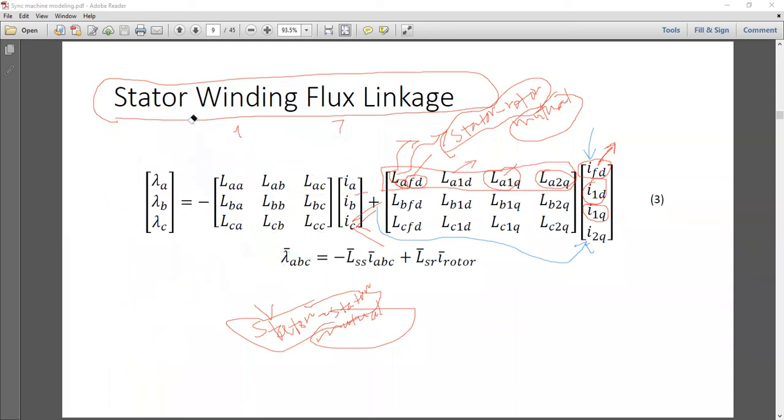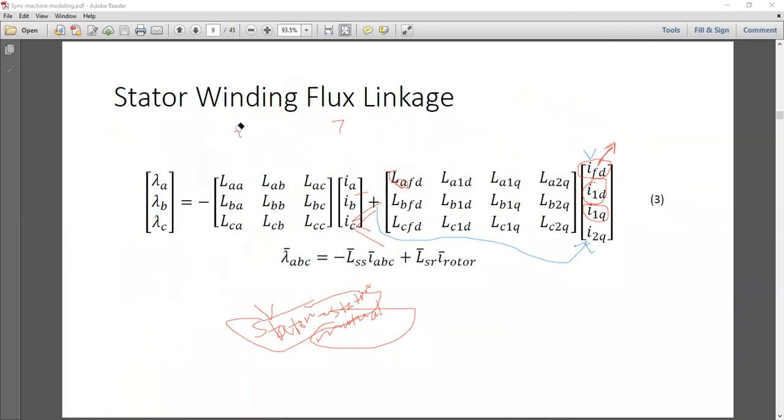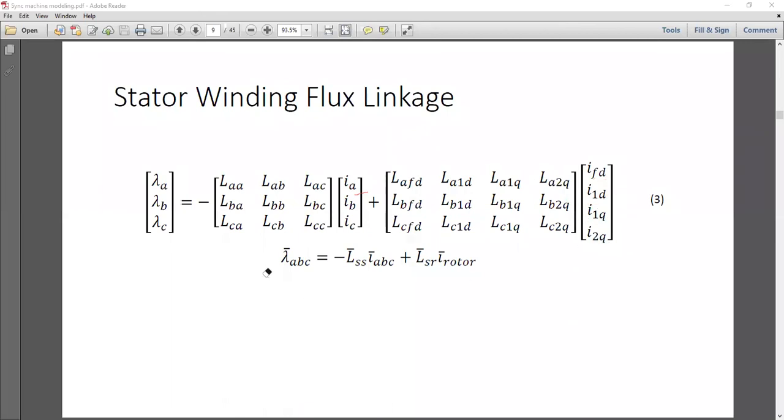So in shorthand notation, we can simply represent them by the last line of this slide, that is lambda ABC bar, the vector representing lambda A, lambda B, lambda C. This whole thing, LAA, LAB, LAC, LBA, LBB, LBC, and so on, these 3 by 3 matrix is purely linked with the stator.